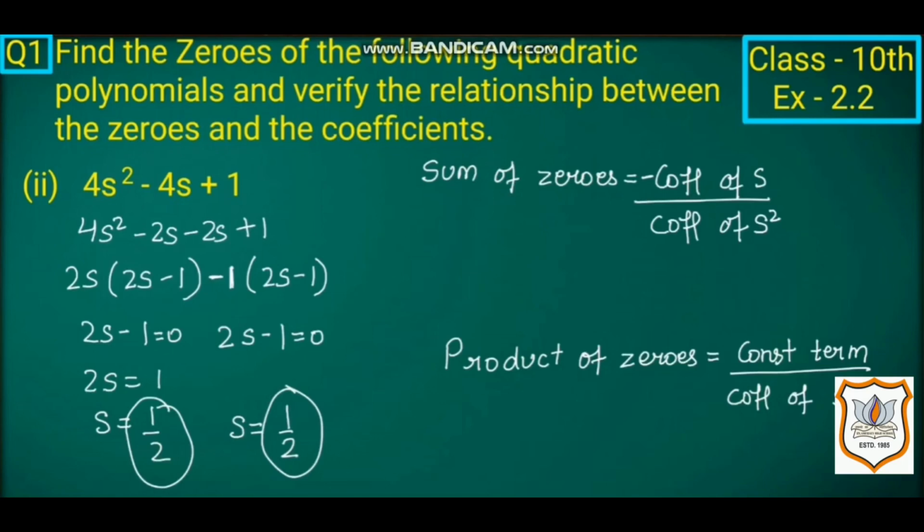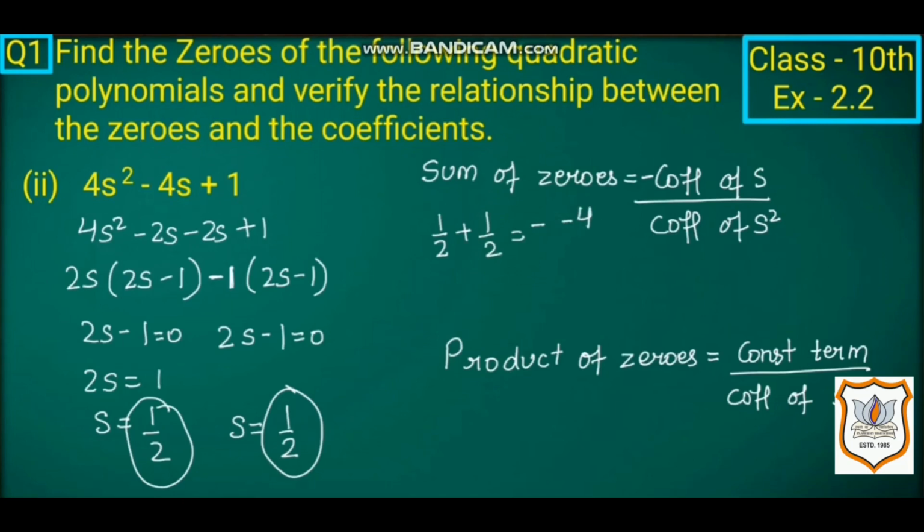In the same way we have to verify the sum of zeros and the product of zeros. Let's see the sum of zeros. We have to add half plus half, which equals 1. We can also write it as the coefficient of s upon the coefficient of s square.